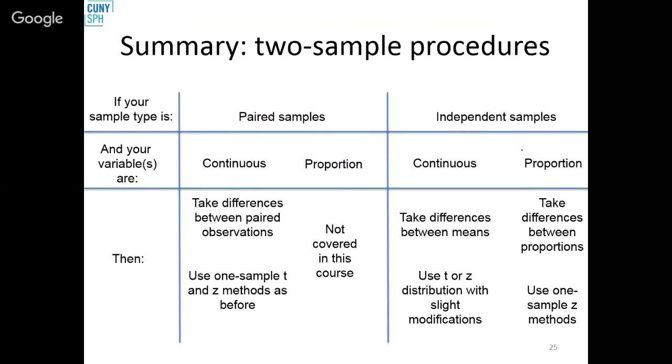If you have two independent proportions, your null hypothesis will be on the difference between the proportions in the population. Or if you have a binary variable, then the average is the proportion, and the hypothesis will be on the difference between two proportions. And as long as they're reasonably large, you can use the one sample normal distribution methods, the Z methods.